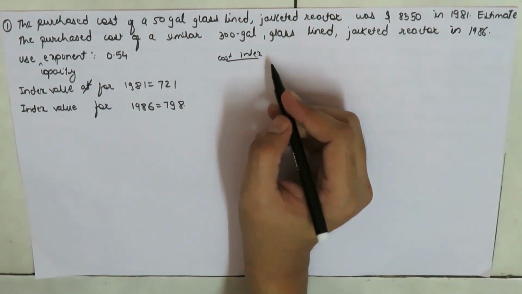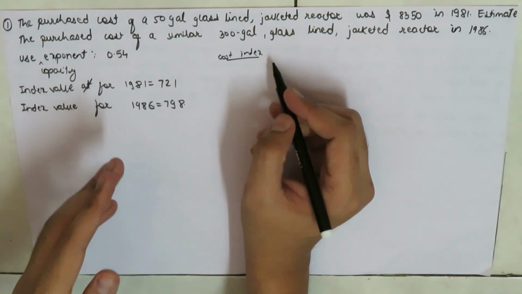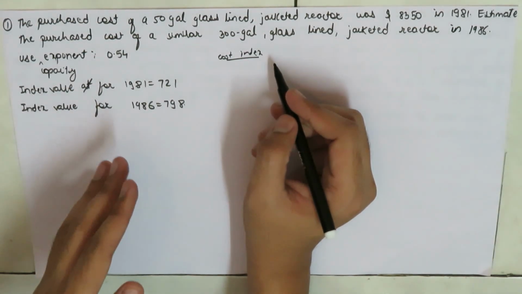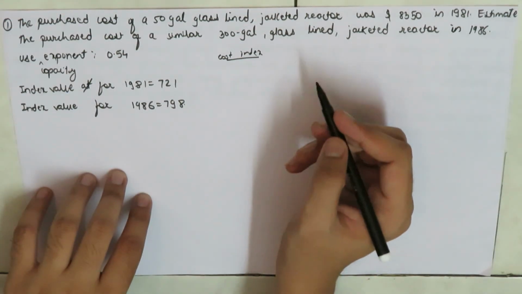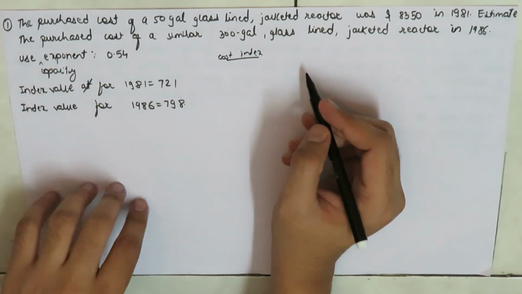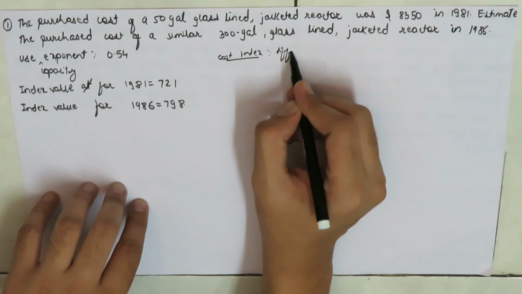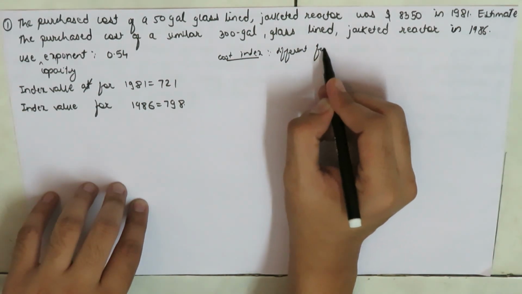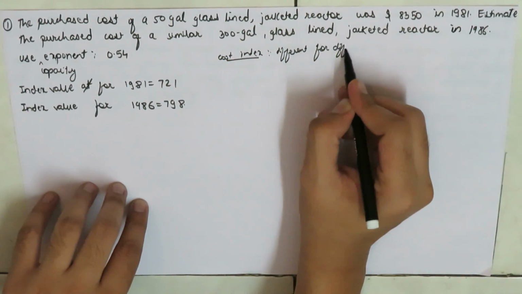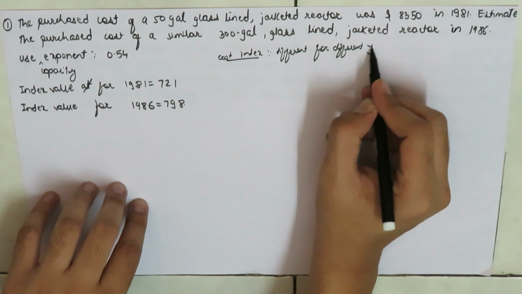The cost index is merely an index value for a given time, showing the cost of that time relative to a certain base time. Means the cost index is different for different years.